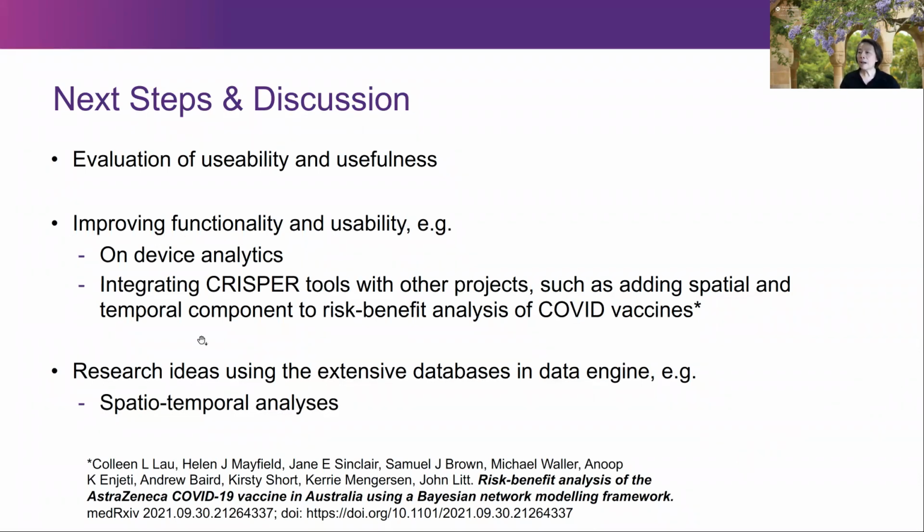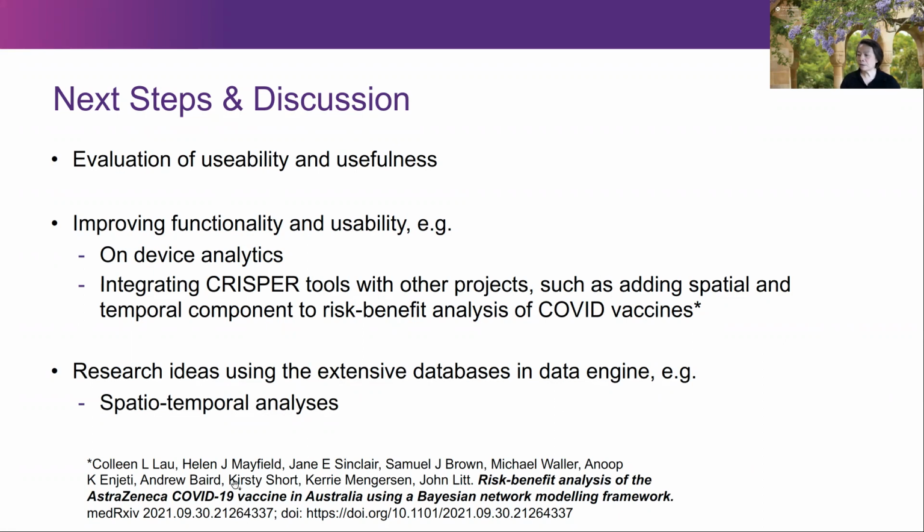We're also thinking about improving functionality and usability of tools, including on-device analytics of different sorts, integrating these tools with our other projects. So for those of you familiar with the SMART project, we're thinking about adding a spatial and temporal component to risk-benefit analysis of COVID vaccines.